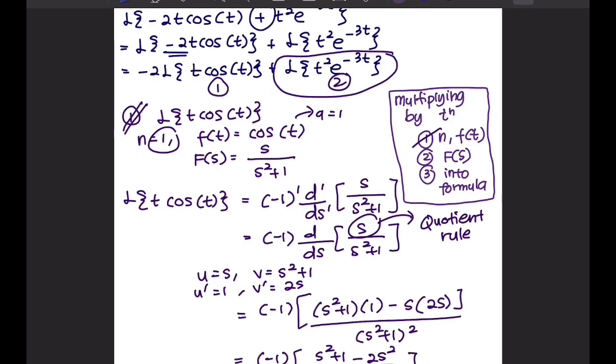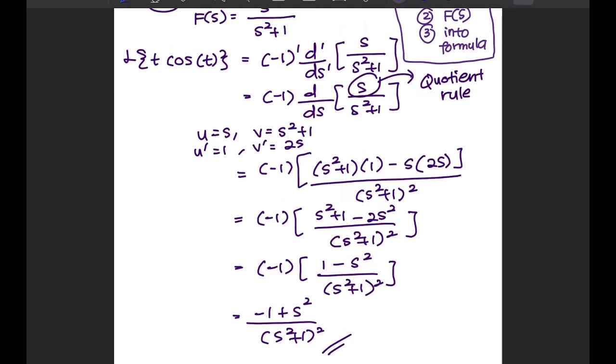Then solve for function 2. Laplace of t squared exponent negative 3t. Okay, look at this function. Actually, you can solve this function by using 3 methods. First, you can directly find the answer in the table. We have t^n multiplied with exponent at.